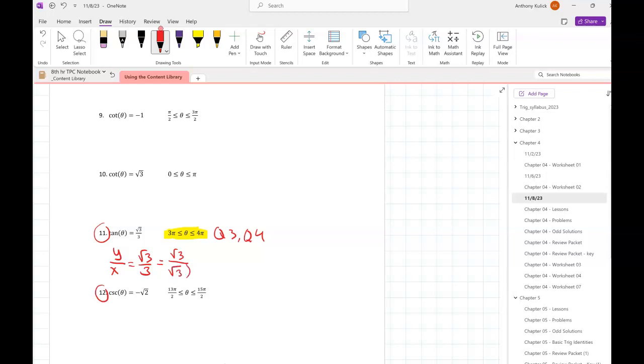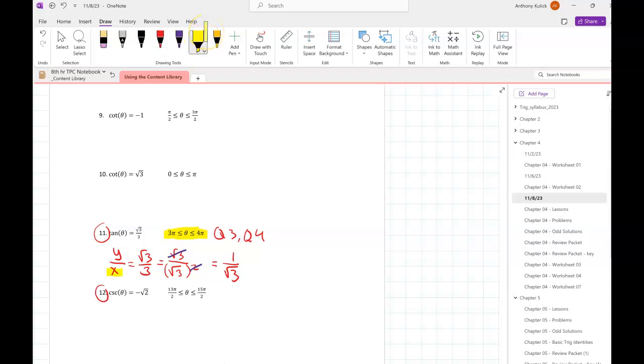Regular 3 is the same thing as the square root of 3 squared. By doing that, I can now reduce a square root of 3 from the top and bottom. So I can really think about this as 1 over the square root of 3.